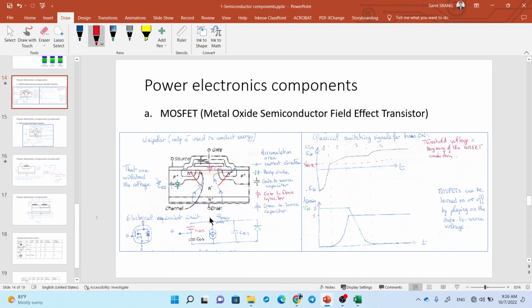So current can flow from drain when you put the right condition to turn it on. Current flows from drain to source through this, like this, and also like this. Because when the p-type is inverted into n-type to bridge between this n and this n, or this n and this n, current can flow just like this. Okay.